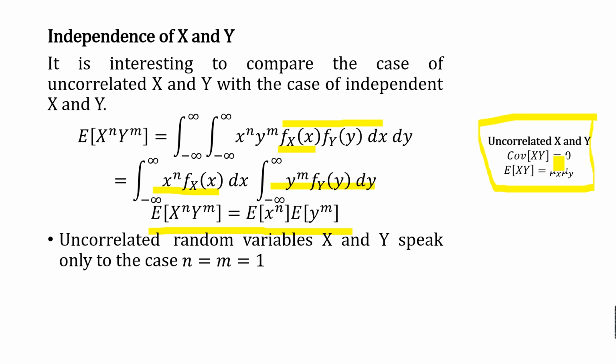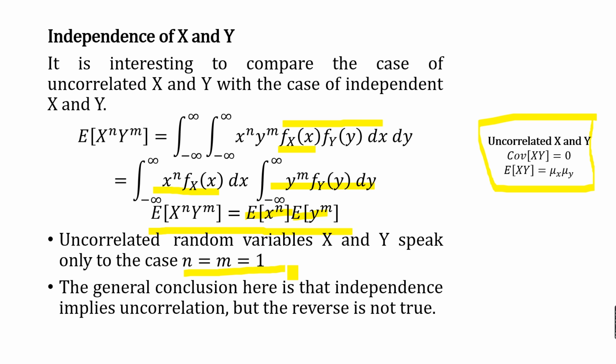If covariance equals 0, then we have said that the correlation of x, y equals mu of x times mu of y. Can mu of x be written as E of x? Can mu of y be written as E of y? These two are the same. The difference is, in this case, n and m are equal to 1.